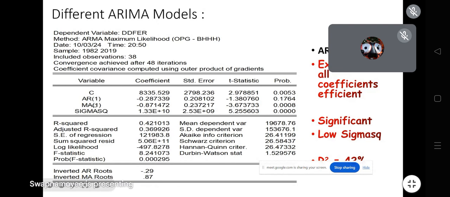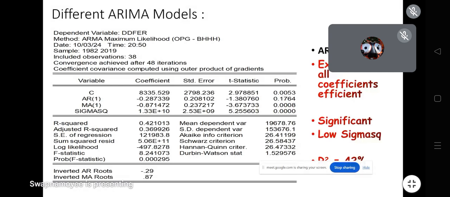I have regressed my Y(t), that means my FER values, which is your foreign exchange reserve values, on the 1 year lag foreign exchange reserve values, as well as your MA lag, that means the error lagged by 1 year, according to the ACF and PACF test. And now these are the coefficients I have got. You see the probability in the last column.